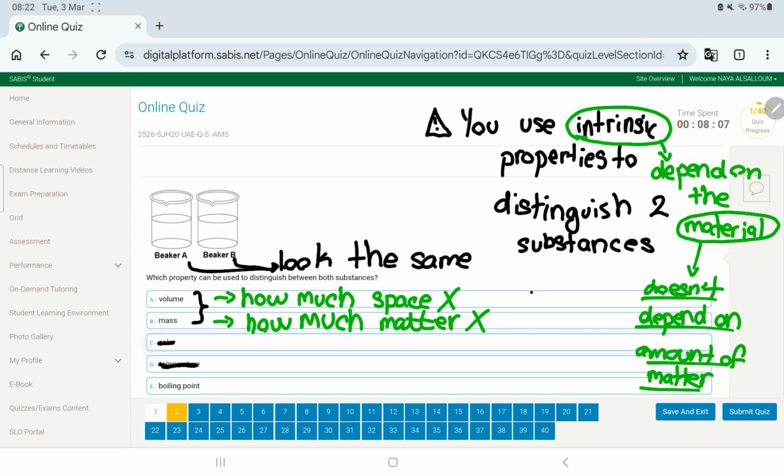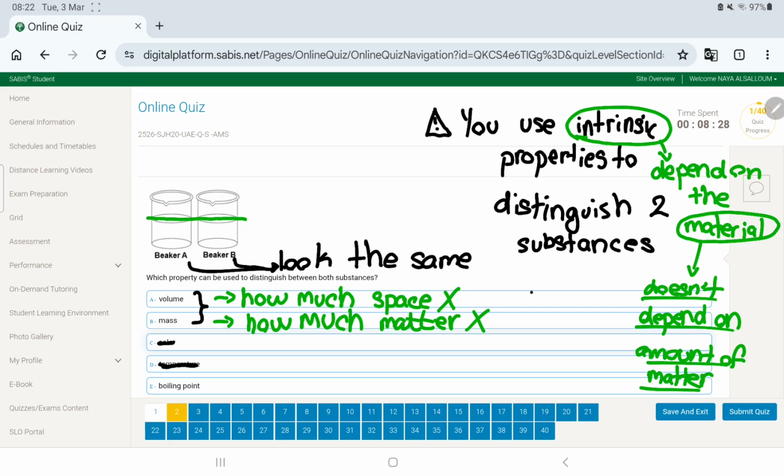We're not looking for how much it has, because also, guys, if you notice here, they're filled up to the same point. So how will mass and volume help us? They won't. Okay? So you can just take this down as a note if you want: you only use intrinsic properties to distinguish two substances.